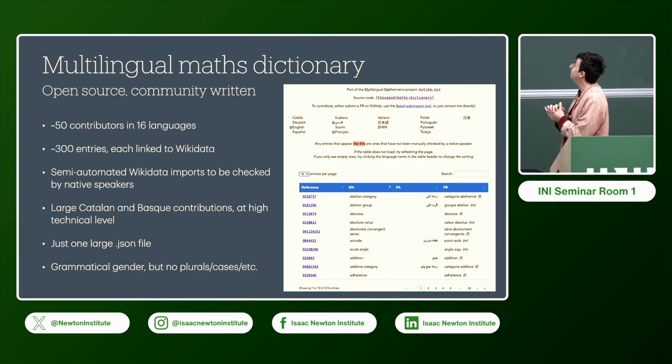So I've had about 50 people in 16 different languages. Every language there that isn't English or French or Spanish was somebody else sending me a bunch of things, so I put it up there.